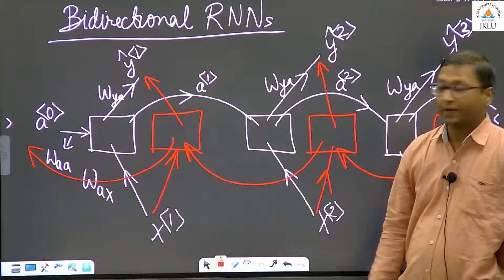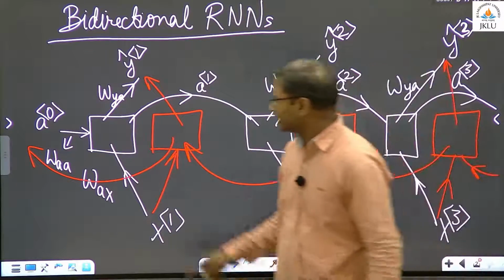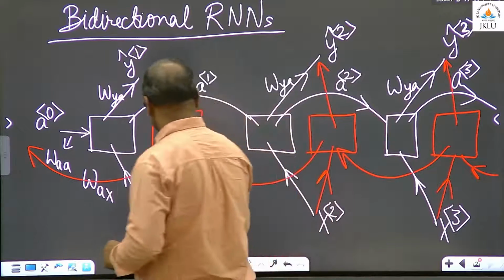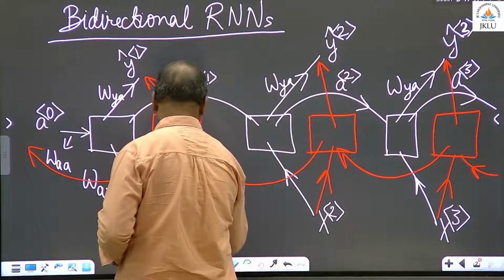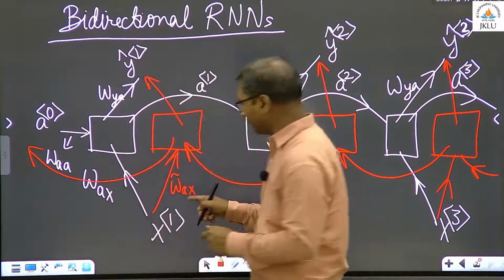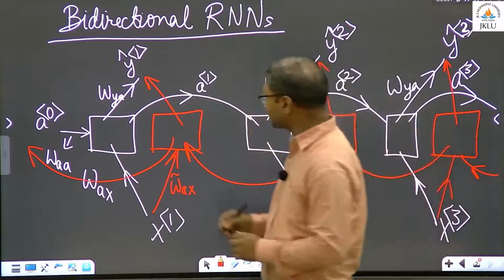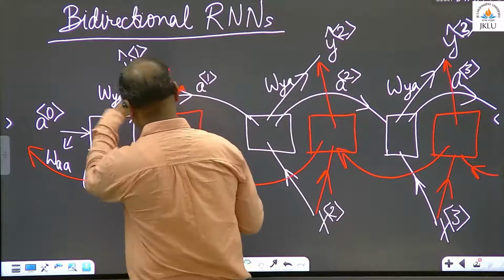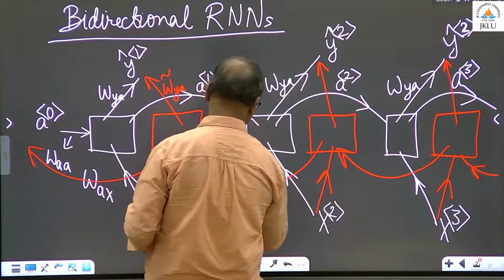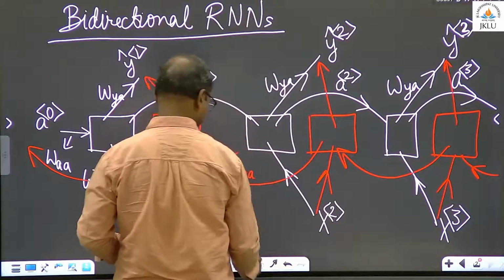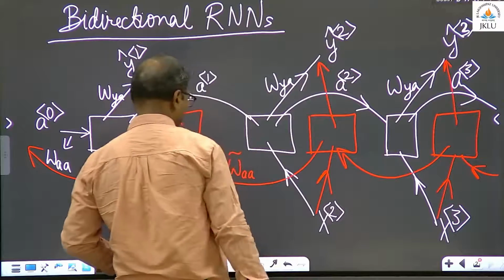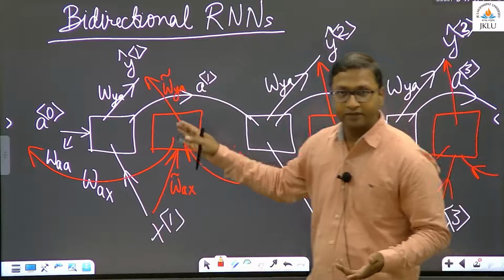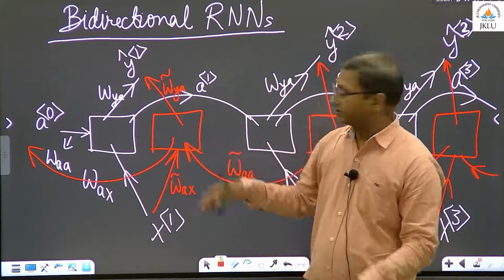So these are my parameters for the forward direction. Let's say I have WAX tilde for backward direction, I will have WYA tilde for here, and then I have WAA tilde here, and so on. So you will have just roughly double the parameters.